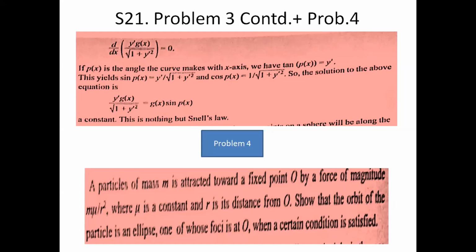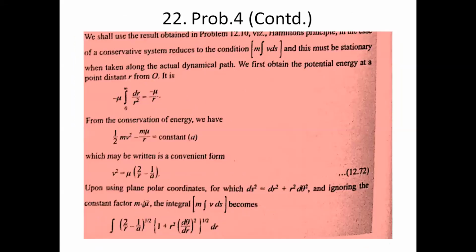It is a very long calculation. In fact, we go to slide number 23. I identify the functional, the Euler-Lagrange equation is written, the Beltrami identity applied, and then we go to slide number 24.